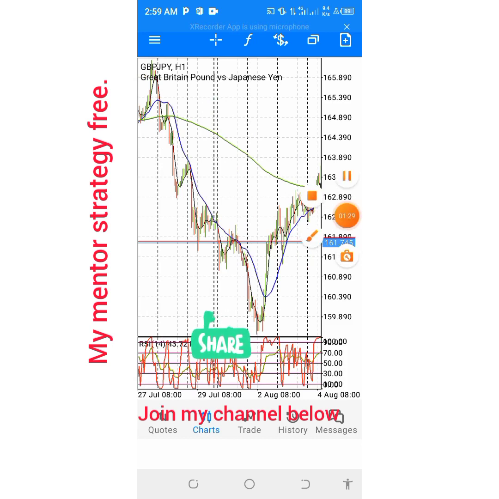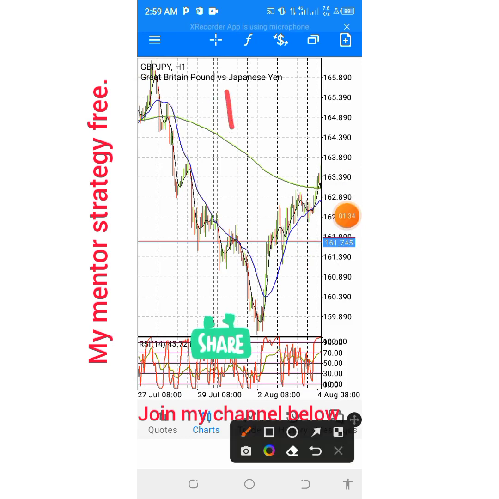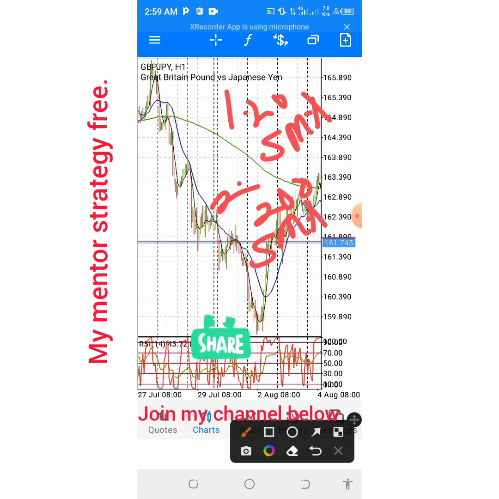Make sure you have these three things: 1, the 20 simple moving average, 2, the 200 simple moving average, and 3, the RSI 14, all apply to close.